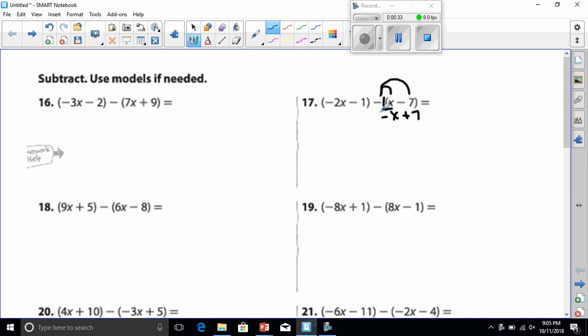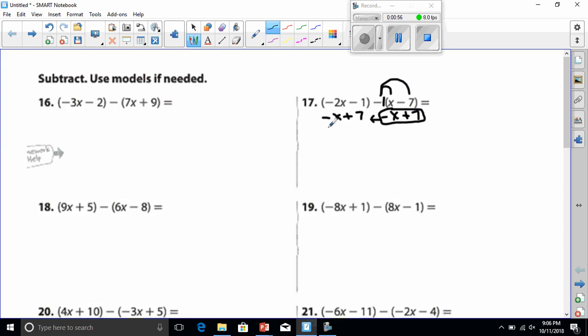I'm going to take this expression that we created and put it underneath the first expression, negative x plus 7. Notice it's the inverse of what is here, the opposite. The opposite of x is negative x, opposite of negative 7, positive 7.